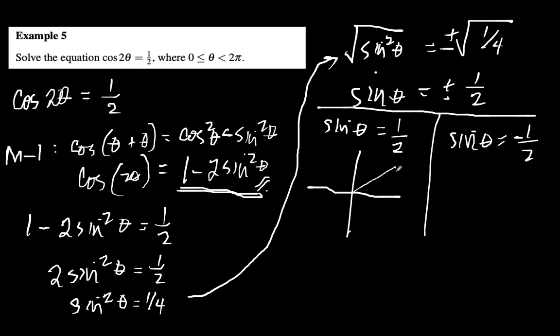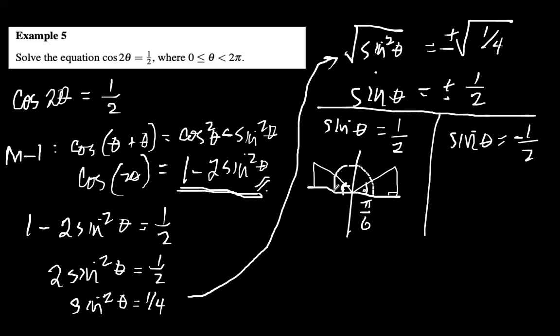Since it's positive, the angle can be found at the first and second quadrants. Here we go, these are the two triangles. This angle here is equal to pi over 6, or 30 degrees, and this is also 30 degrees or pi over 6.